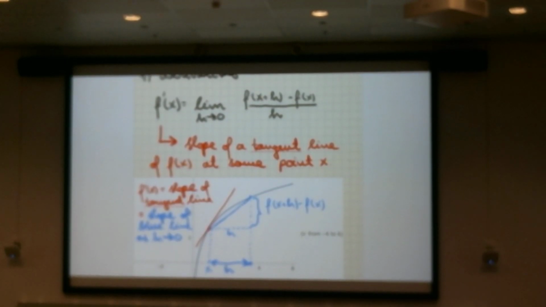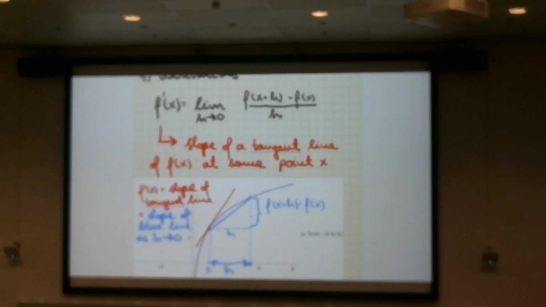We said, let's focus on this point right here, and let's move a little bit away by some distance that we denoted by the letter h. At this point, x plus h, the function obtains a value here, so f at x plus h. And then we basically get a new point that is on the graph.